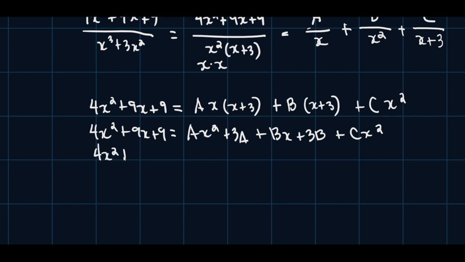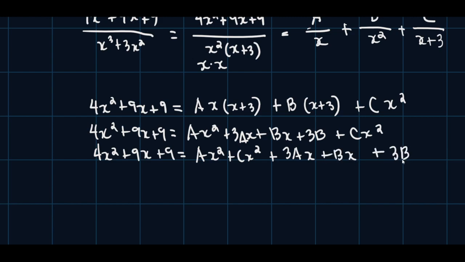Let's rearrange the terms. We have here ax squared plus cx squared. This should be 3ax, sorry. Plus 3ax plus bx plus 3b.